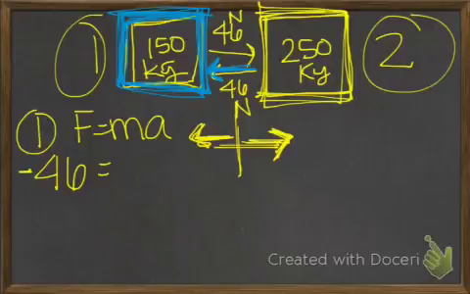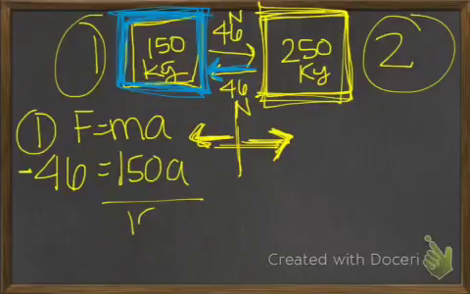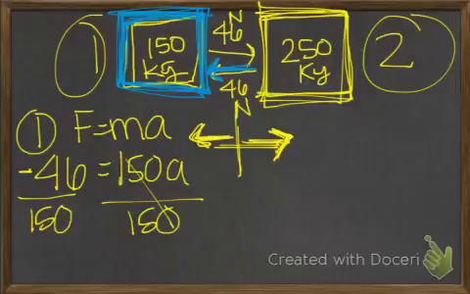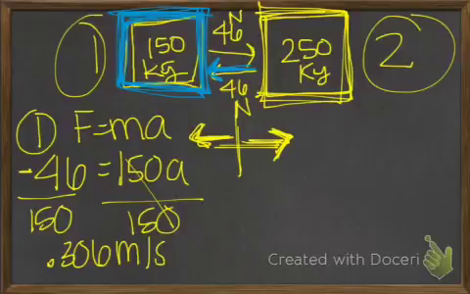So negative 46 equals 150 times our acceleration. Divide by 150. Negative 46 divided by 150, and you end up with negative 0.306 meters per second squared.